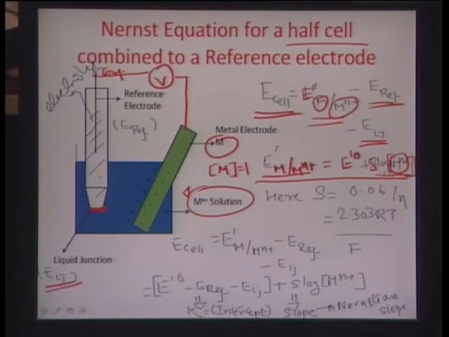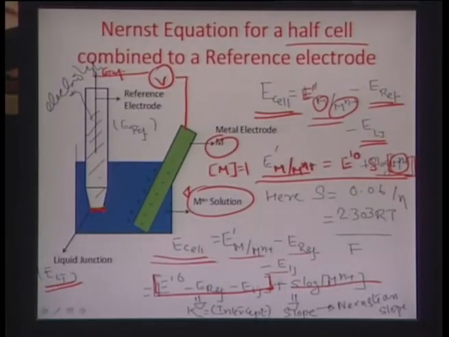Okay. And so the E cell can be represented as E dash 0 plus S log of M n plus oxidant, minus E reference, minus E LJ. So we can pull this together under the same bracket as E dash 0 minus E reference minus E LJ, plus S times log concentration of M n plus, and this is essentially a straight line.